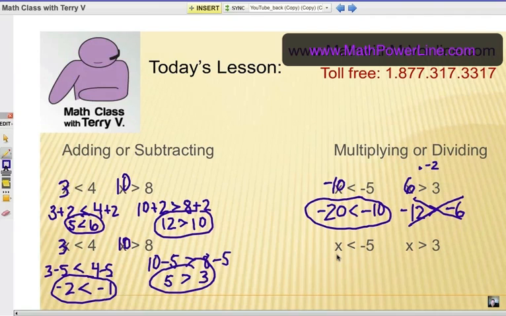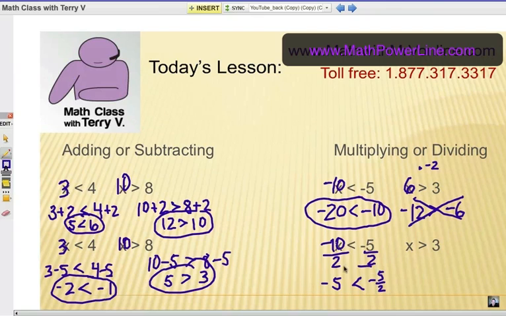All right, here, x is less than negative 5. Well, let's say negative 10 is less than negative 5. Let's go ahead and divide each side by 2 and see what happens. Well, this would give me a negative 5. This would give me a negative 5 halves, which is negative 2.5. I'll go ahead and leave it as a fraction. Is that still true? Is negative 5 less than negative 5 halves?